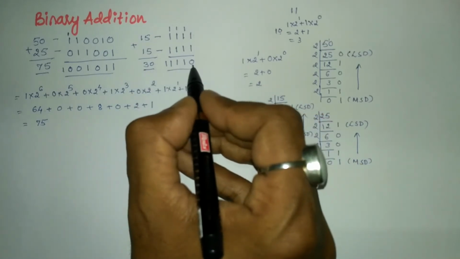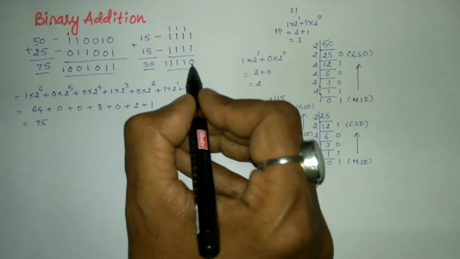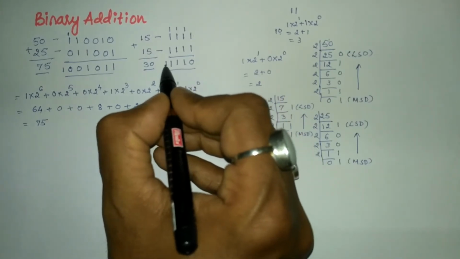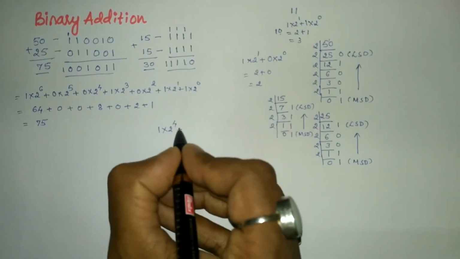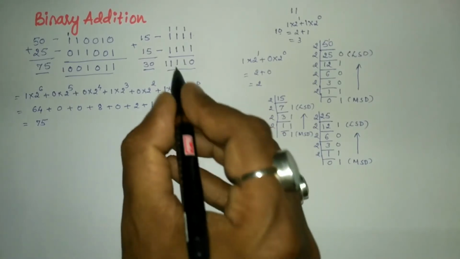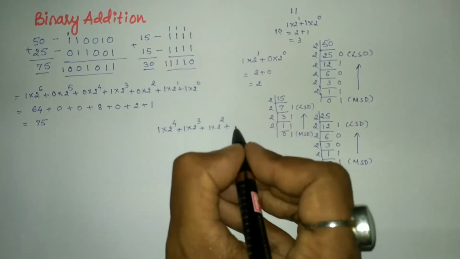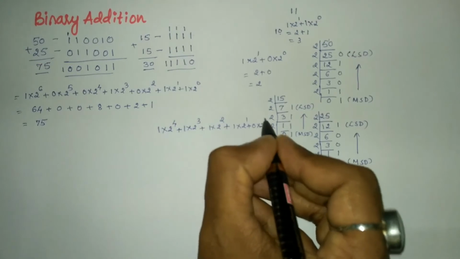So let us count the positional weight from the right hand side. The positional weight of this bit 0 is 0, 1, 2, 3, 4. We'll write 1 into 2 to the power 4, plus the next bit is 1 into 2 to the power 3, plus the next bit is 1 into 2 to the power 2, plus the next bit is 1 into 2 to the power 1, plus the next bit is 0 into 2 to the power 0.